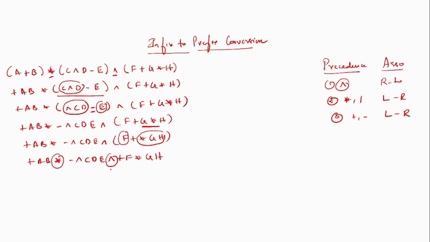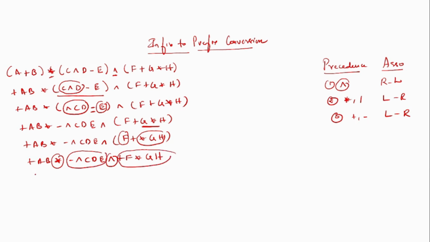So what would now be operand 1 and operand 2? We need to resolve exponential because exponential has greater precedence than the multiplication operator. So here this whole thing would become operand 1, this would become operand 2, right?